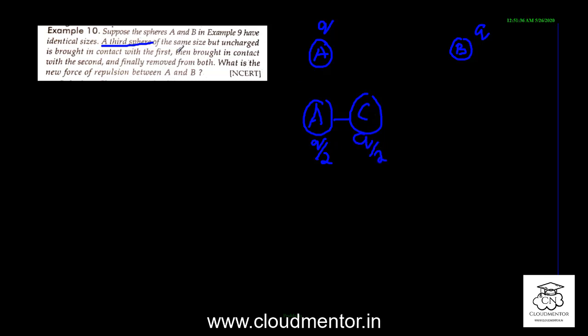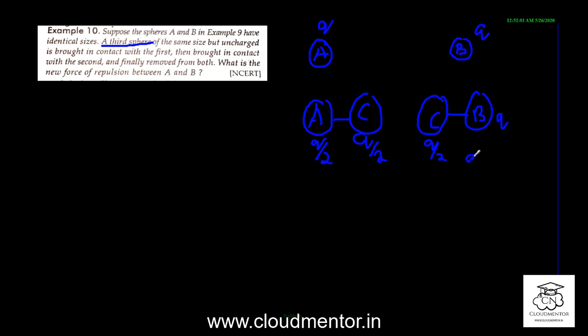And in this next situation, this C is brought in contact with B. So C is now having a charge Q by 2, right? And this Q by 2 charge is brought in contact with B, and B is having Q. So now equal distribution takes place.